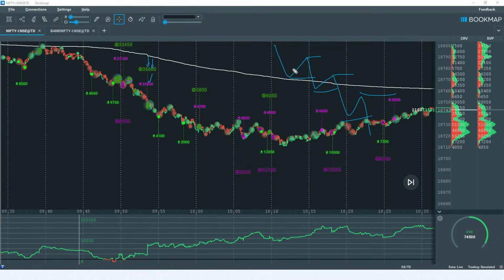All right, so the basic difference: the absorption indicator will help us to identify the passive activity in the market and the presence of limit orders, we can say. The sweep indicator will help us to identify the market buying activity and market selling activity. So if both are happening at the same price level, there is no problem. But there will be situations where we can miss the absorptions.